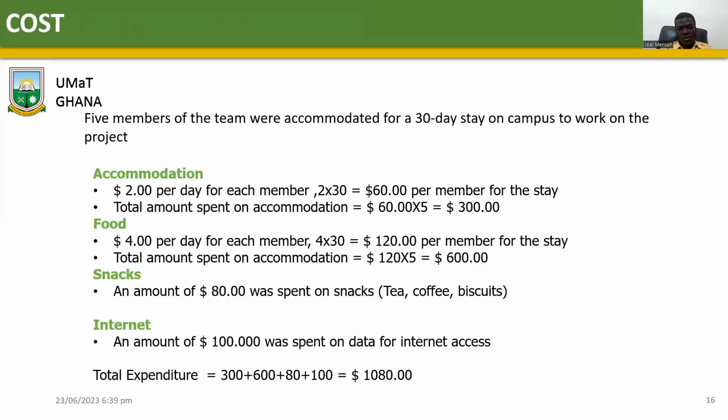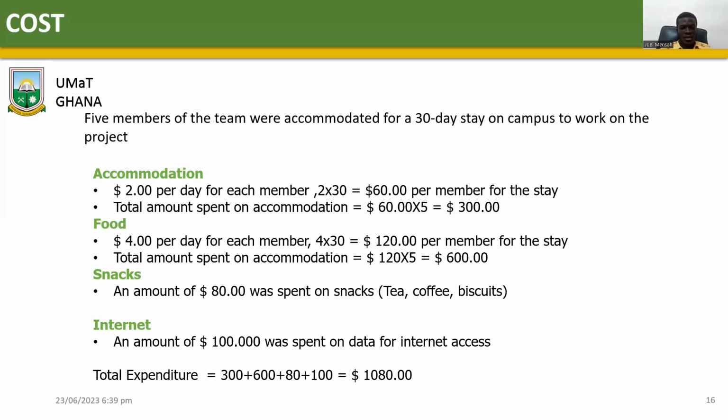Because of the project, the team had to return to campus to continue with the project. And this was what was incurred during the one-month stay. In terms of accommodation, approximately $2 was spent each day for each member. For the 30 days spent, it resulted in $60 per member.